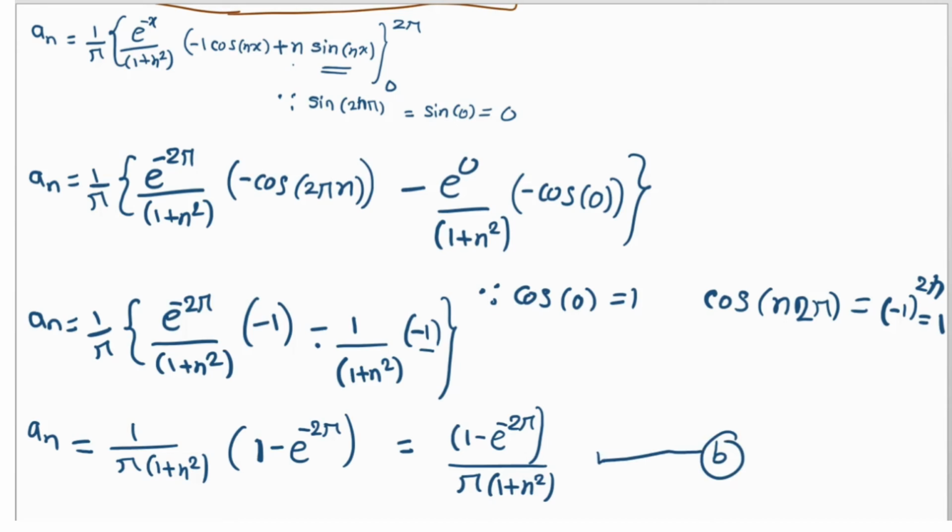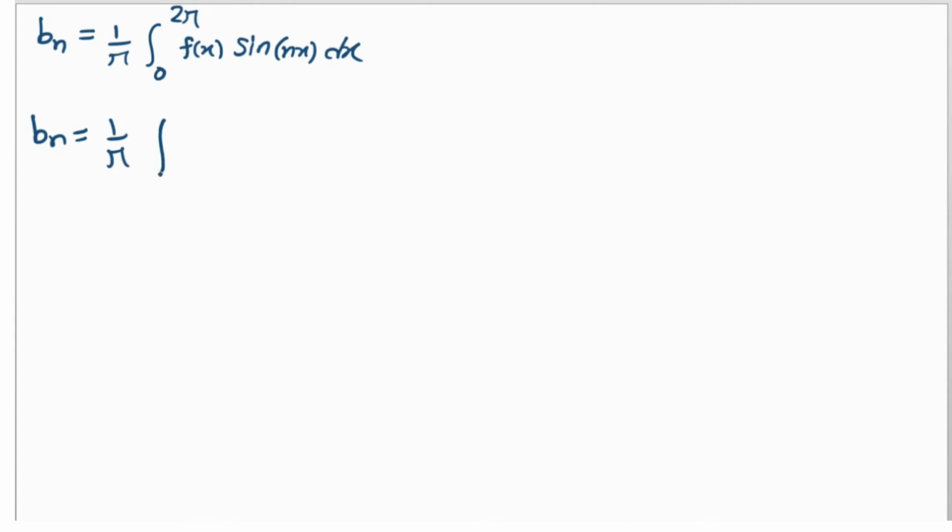Similarly, if we find bn, bn is 1 upon pi integral 0 to 2 pi f of x into sine nx. bn is 1 upon pi integral 0 to 2 pi, put the value of function e raised to power minus x into sine nx dx. Again here we have to use the formula.